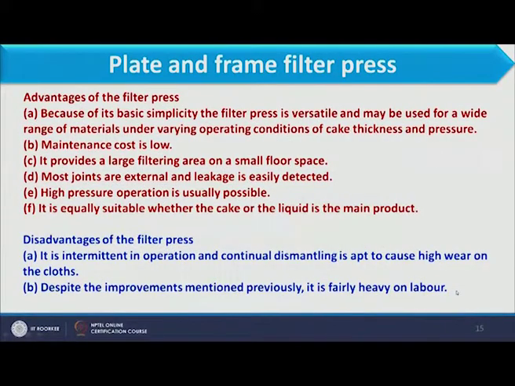Despite the improvements mentioned previously, it is fairly heavy on labor because continuous removal, dismantling and cleaning is required. So labor involvement is high in this press.